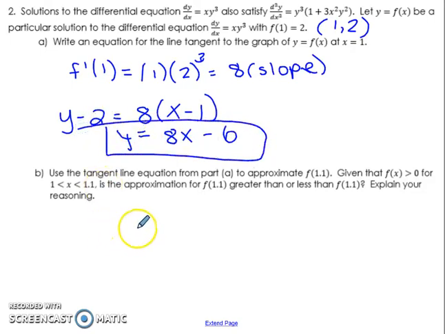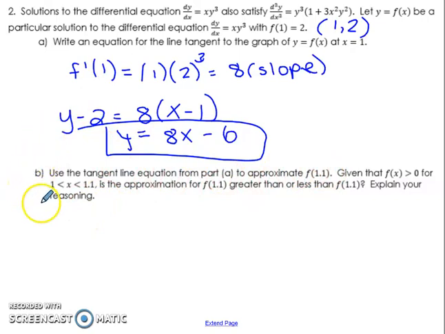Okay. So for part B, use the tangent line equation from part A to approximate f of 1.1. So 1.1 is the x, and we're trying to find y. So that's why solving for y is actually easier in this case, getting it into y equals mx plus b form. That way we can plug in our x value.